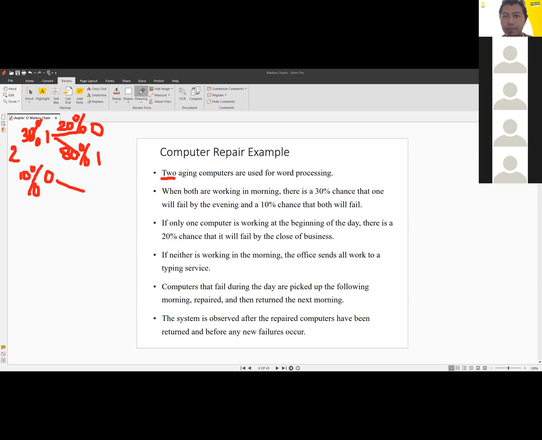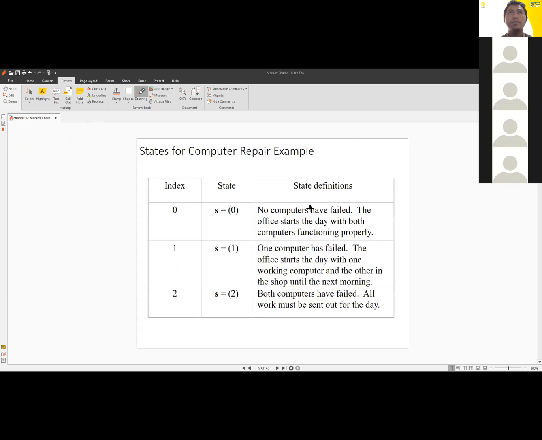Okay, let's move forward. Let's summarize this problem or this case.